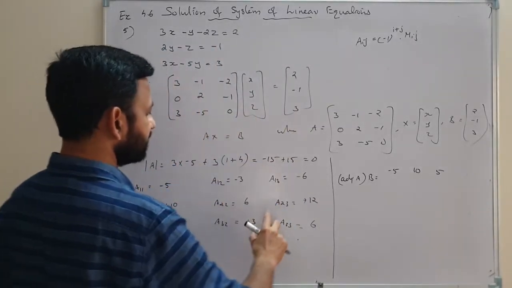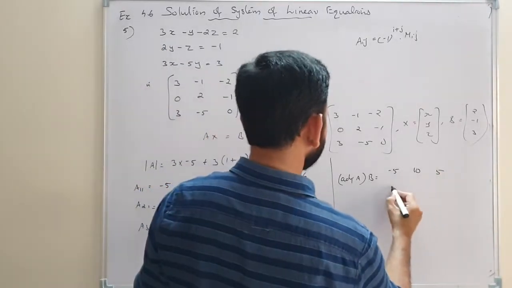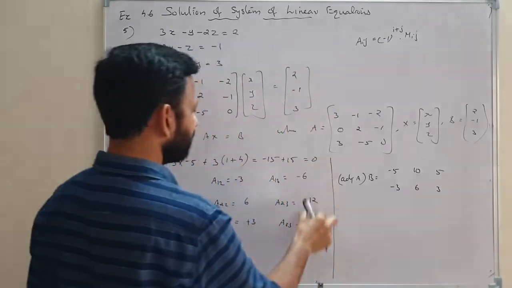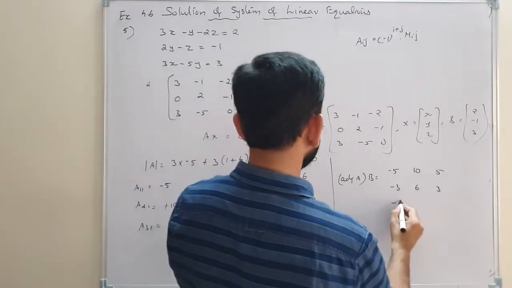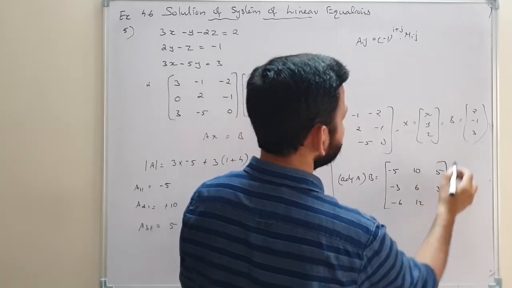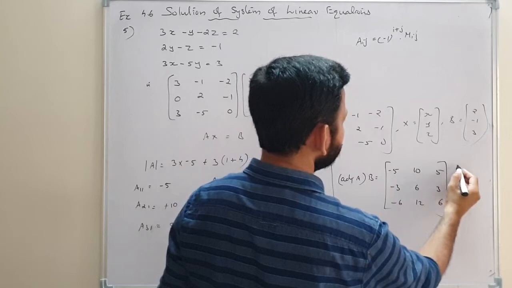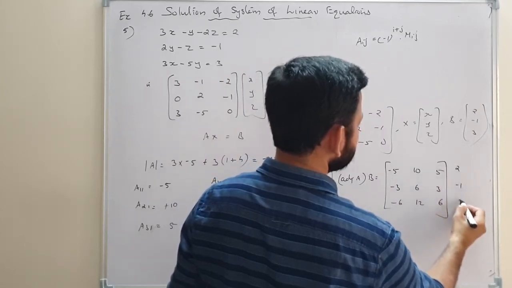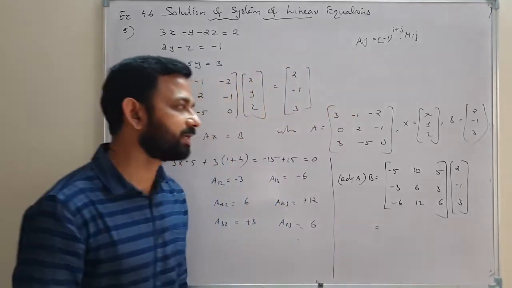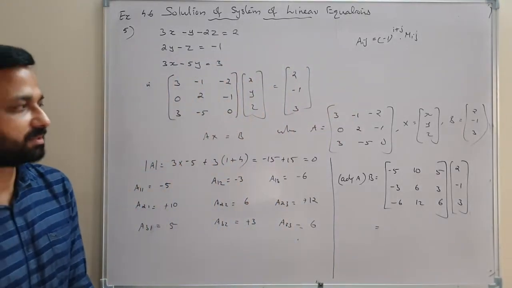Second column will be the second row: minus 3, 6 and 3. Third column will be the third row: minus 6, 12 and 6. Into adjoint A into B, which is 2, minus 1, 3. Now we can find the product of those two matrices.